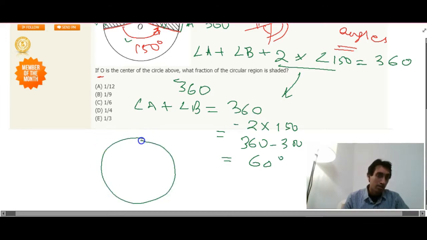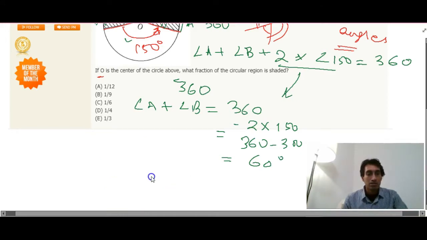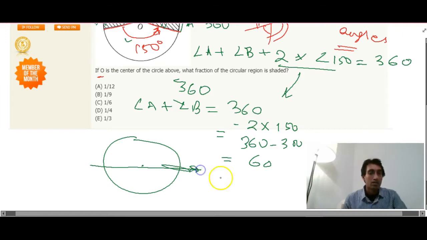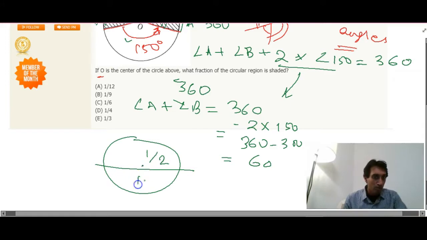For example, if I draw a circle and divide it into two parts, let me draw it again. There is one circle and one center, and if I draw a diameter dividing the circle into two parts, what does it mean, two parts?